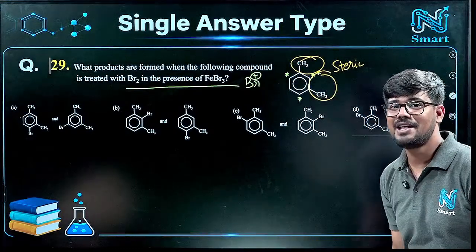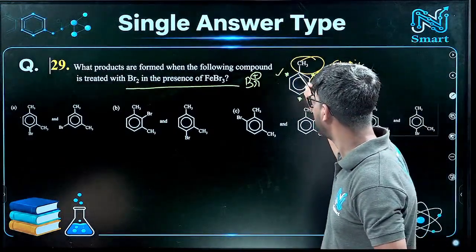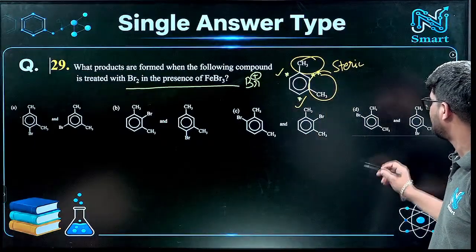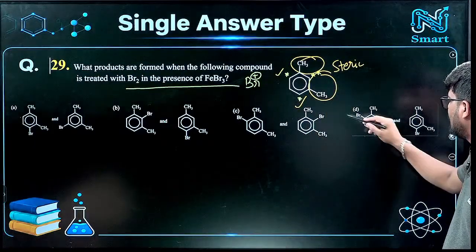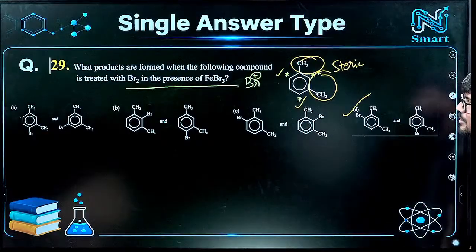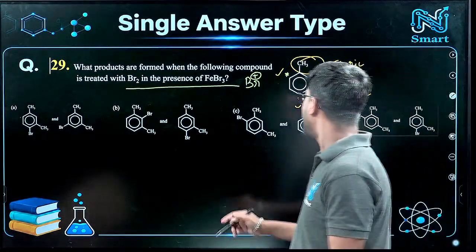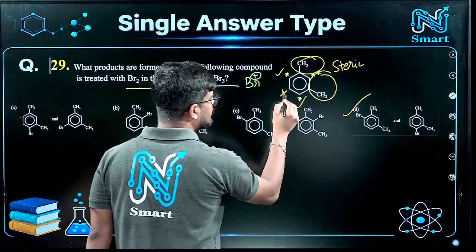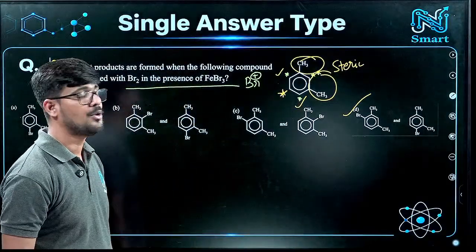So what is the remaining possibilities? Only this and this. Check the option. Only in case of D we are getting these two possibilities. And why in this case there is no bromination?